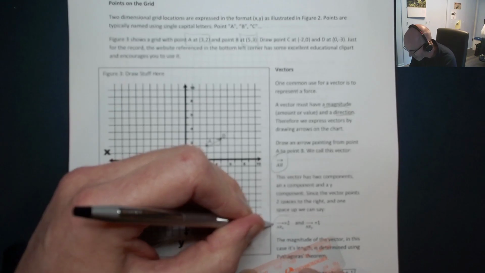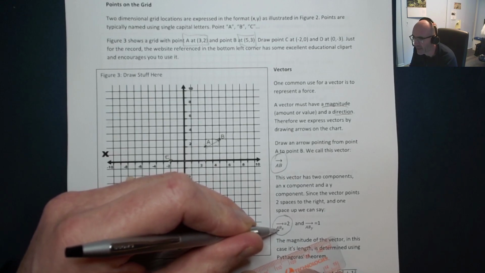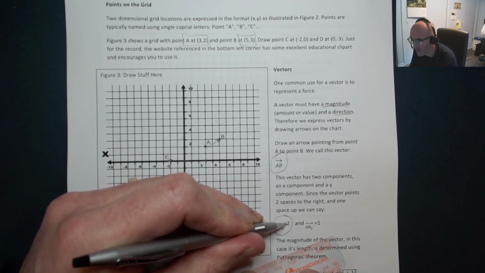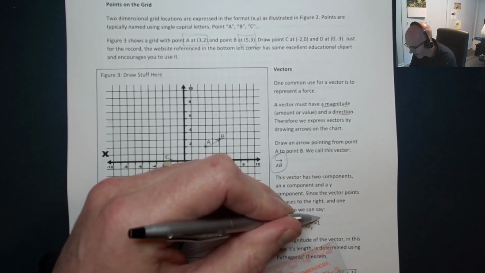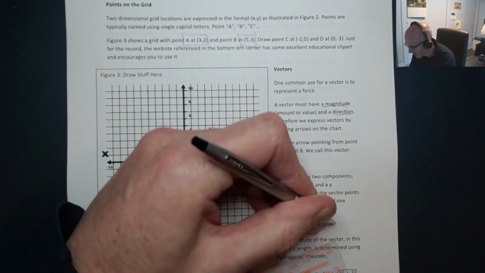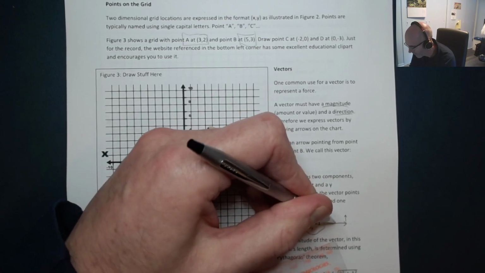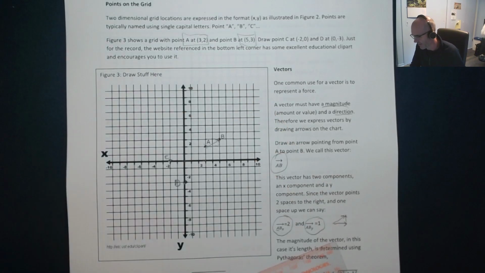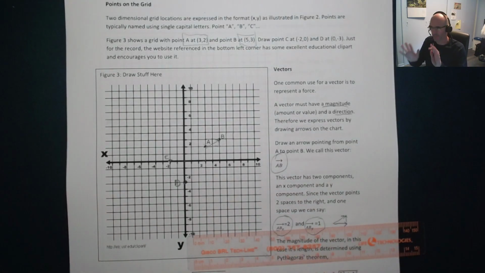So our terminology for that would be the AB vector has an x component of positive 2, and the AB vector has a y component of positive 1. It moves 2 that way in the x, 1 that way in the y, and if you do those two steps together, you get your vector. Okay, now this seems really obvious.